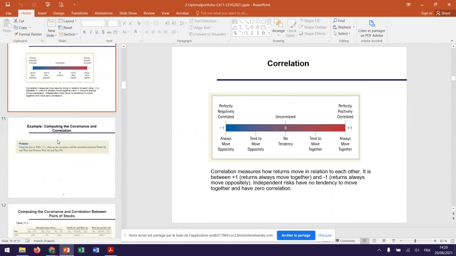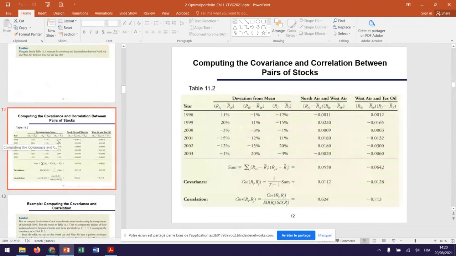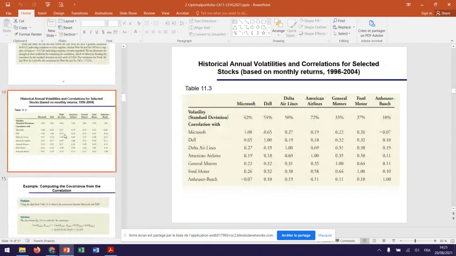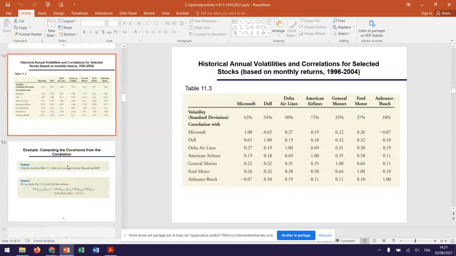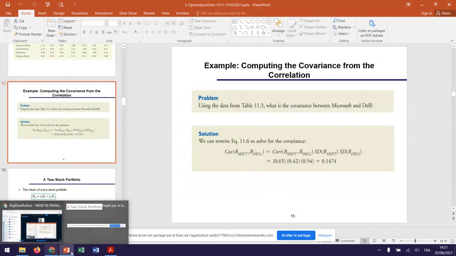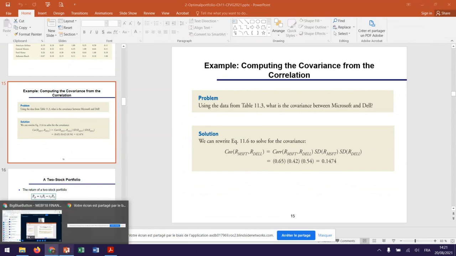So that is the way we started to learn how to compute the covariance and correlation of a pair of stocks, and therefore we get an idea of how we can diversify the risk. What type of risk did we eliminate through diversification? What type of risk is gone?